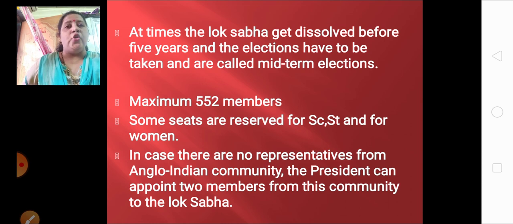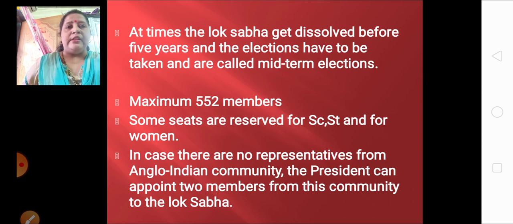In case there are no representatives from the Anglo-Indian community. Now, what is an Anglo-Indian? Anglo-Indians are those people where one parent is a foreigner and one parent is an Indian. Such people are called Anglo-Indians.